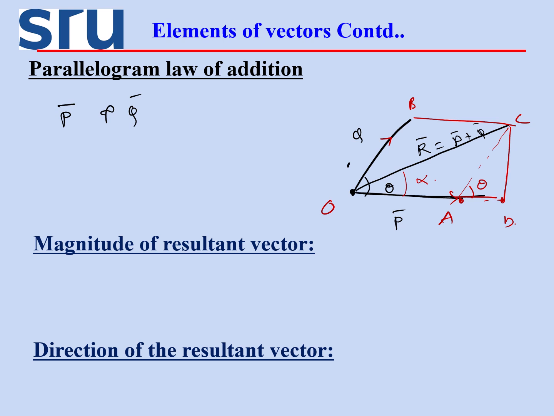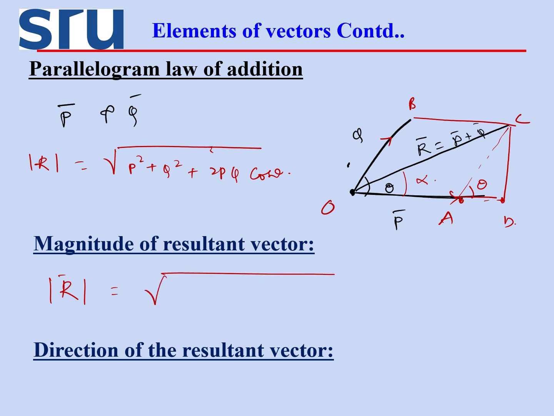The magnitude of the resultant vector R is equal to root over P square plus Q square plus 2PQ cos theta. And the direction of the resultant vector is tan alpha.